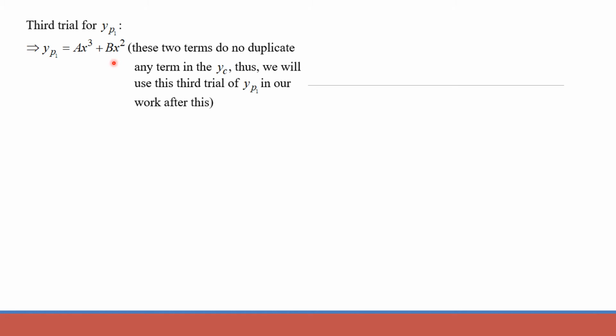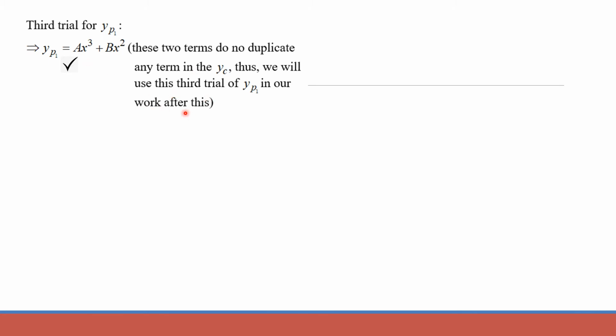It seems that this term ax cubed does not have any similarity with any term in the yc. Also, this term bx squared does not have similarity with any term in the yc. So these two terms do not duplicate any term in the yc. Therefore we are going to use this yp1 in our work after this.